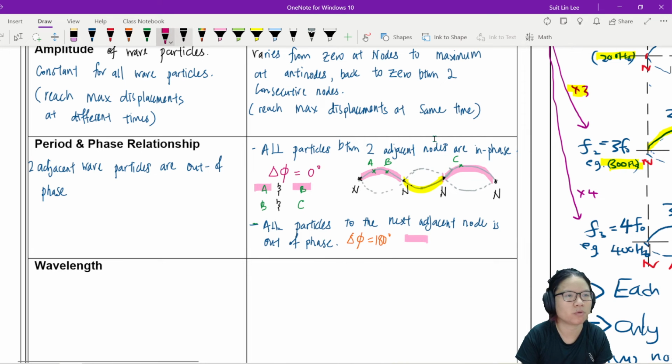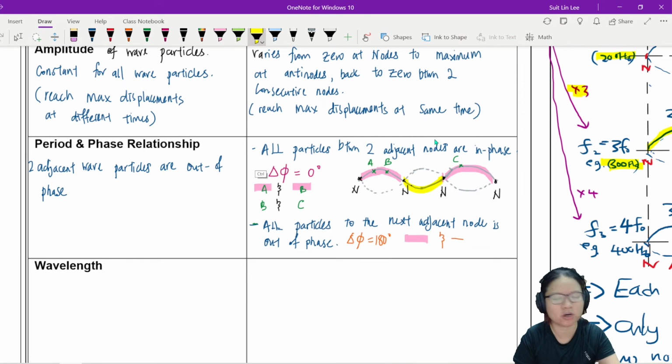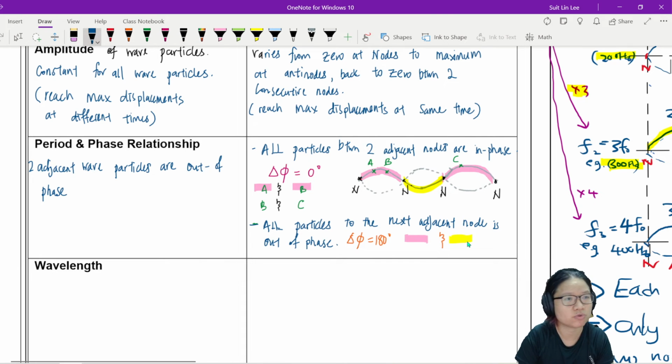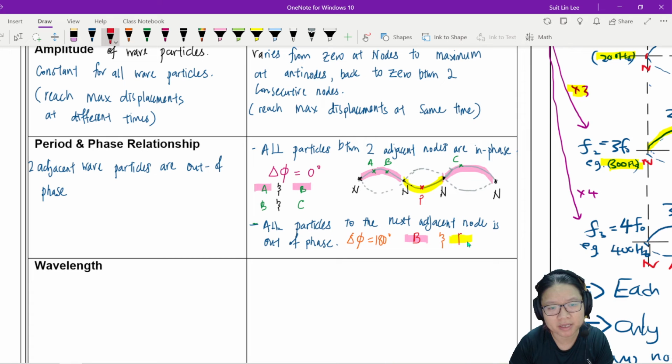So maybe we're comparing this and any point from here. This is kind of a popular objective question. Okay, so I'm going to plot some particles here just to give you an idea or some example. Maybe instead of A and B and C, maybe you can take a point here, it's P. So for example, the particle B and the particle P.